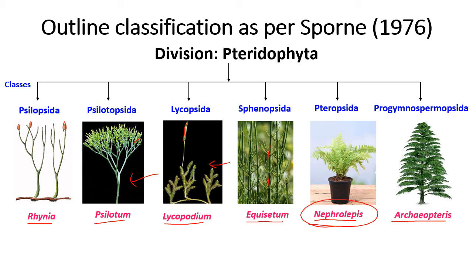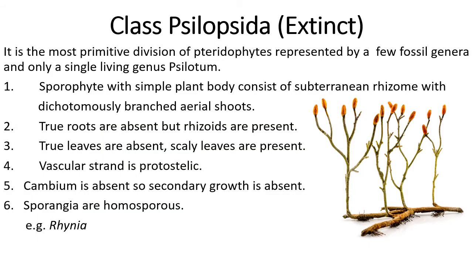So you can see how these plants differ from each other, and on the basis of which characteristic features they have been put into a particular group, we will see in the next slides. So the first class we will see here is Psilopsida, and now we will see their general characters.